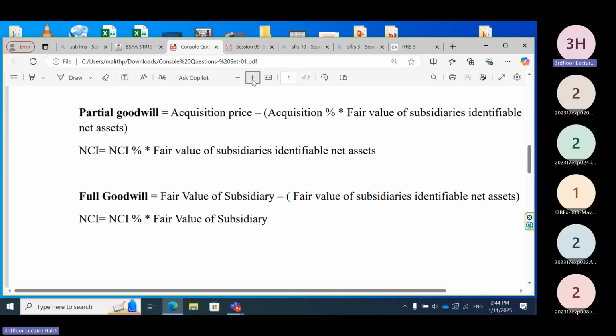Book value 500 is the book value. We have not recorded internally generated goodwill or any fair valuation, so we have not done any fair value adjustment. 500 is the book value and 800 is the fair value.